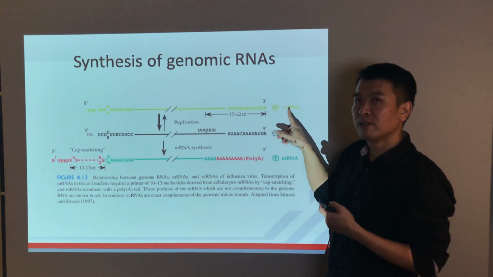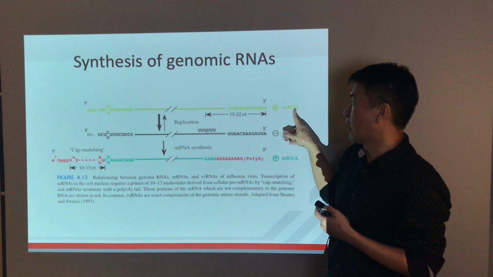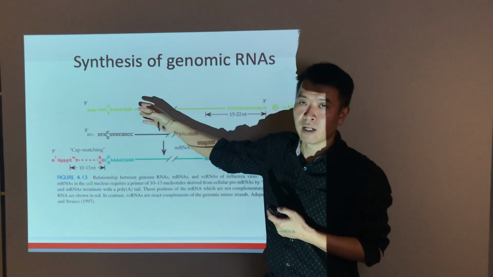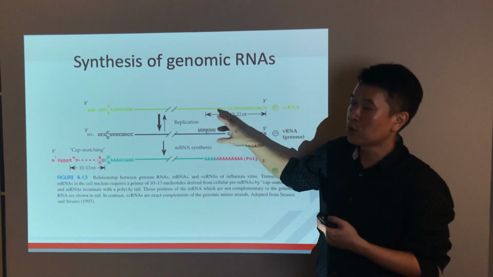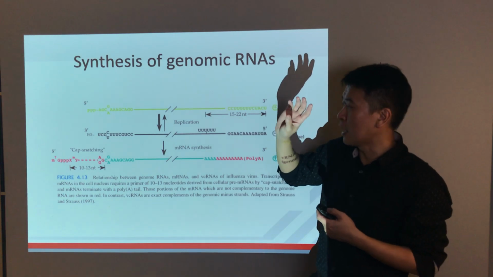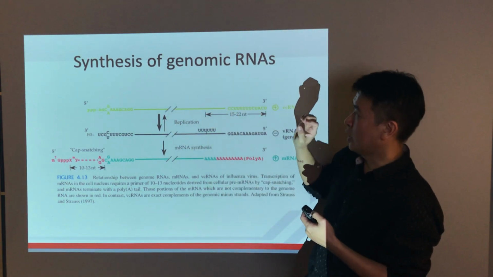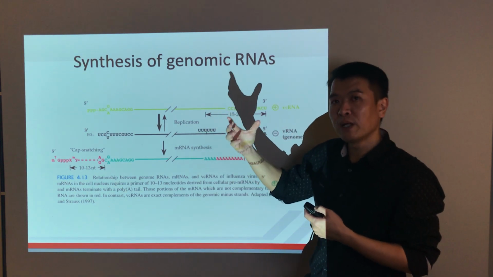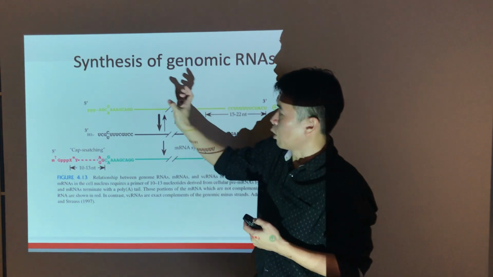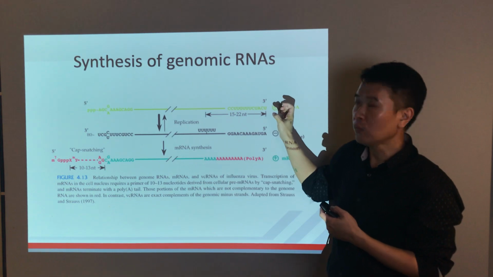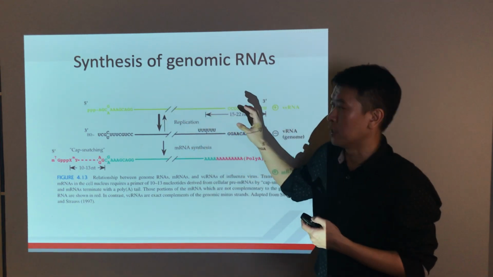Okay, the viral complementary RNA. This is a positive strand. Now, when this is being produced, the ribonucleocapsid, the NP protein, will immediately bind to it. The PA, PB1, and PB2, the polymerase, will also bind to it.